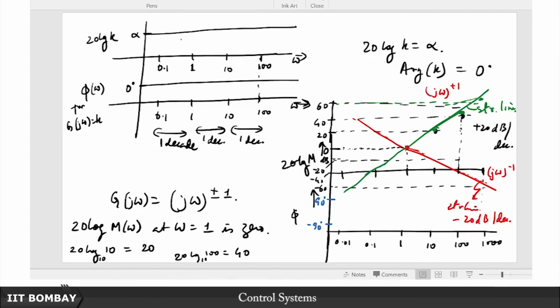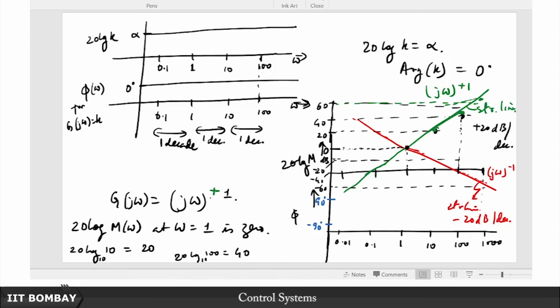So let me draw with the green line corresponding to plus 1. So this is the plus sign, and the red line corresponds, sorry, I think I should write this in green then. Yeah. So this is j omega to the power plus 1. And for the minus 1, let me draw that in red, sorry.